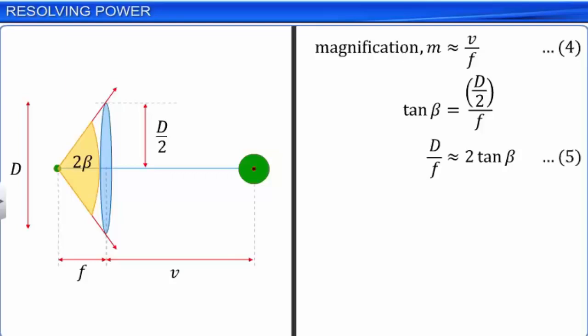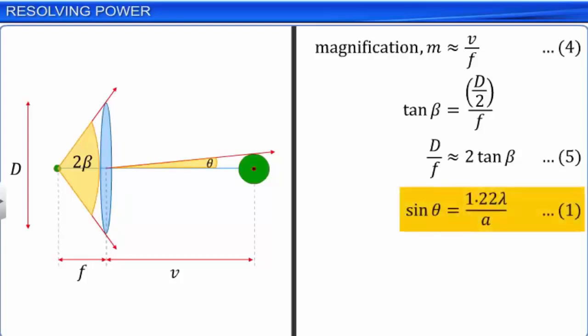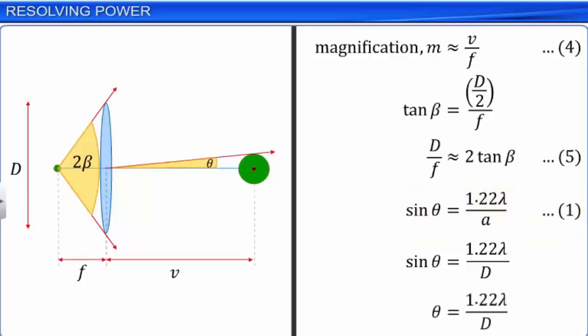If the first dark ring of the diffracted pattern is formed at an angle theta, then, from equation 1, we have sin theta is equal to 1.22 into lambda by d. For small angles of theta, theta is equal to 1.22 into lambda by d.